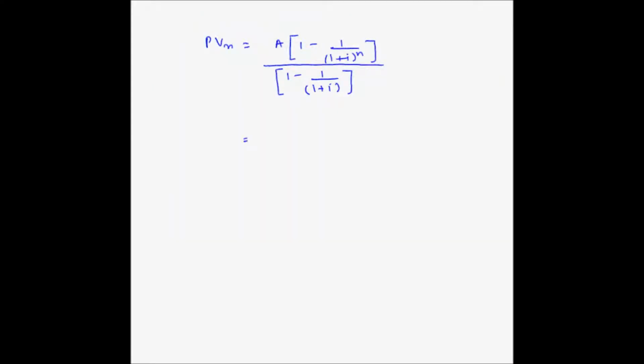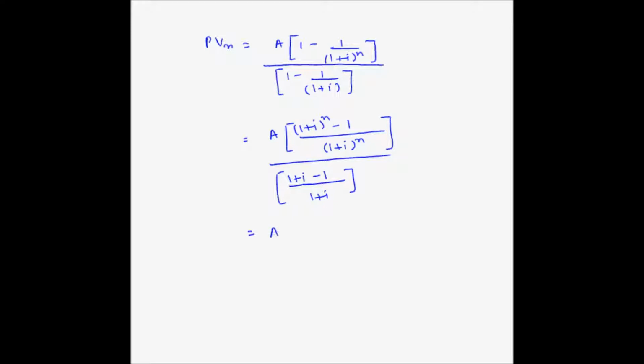So now let's take the LCM for the numerator as well as the denominator. So the numerator, the LCM is 1 plus I to the power n. So the first one will become 1 plus I to the power n minus 1 divided by, for the denominator the LCM is 1 plus I, and the numerator will become 1 plus I minus 1.